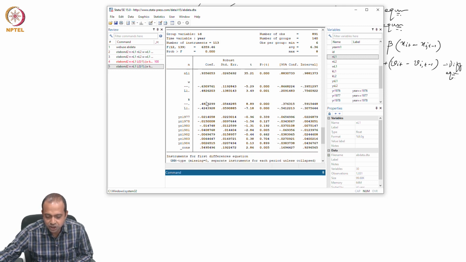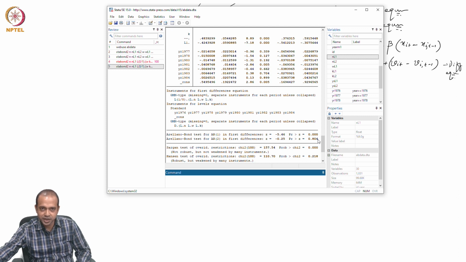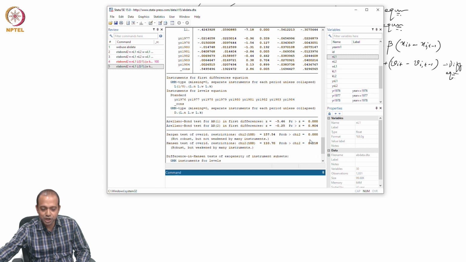And then if you see again the post estimation checkup, the Arellano-Bond AR1 is rejected, but AR2 is not rejected, which indicates there is presence of first order autocorrelation, but no presence of second order autocorrelation. And again the over identification test, Sargan and Hansen.